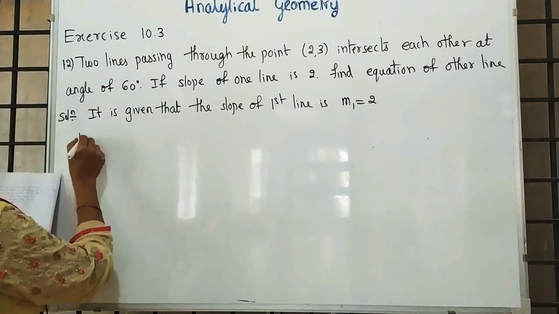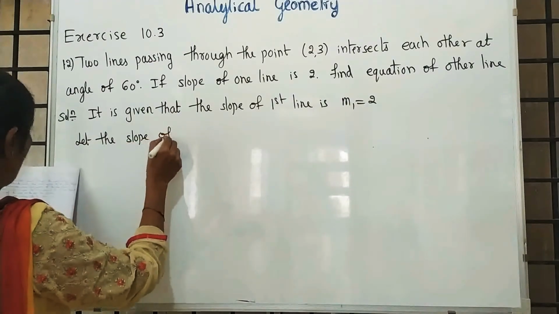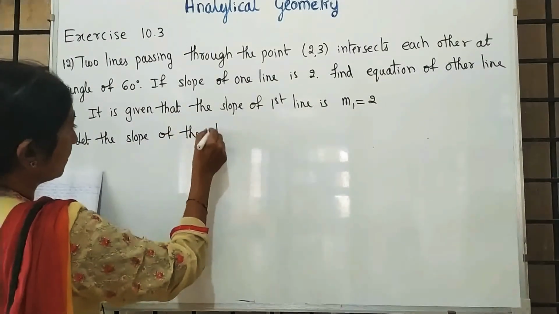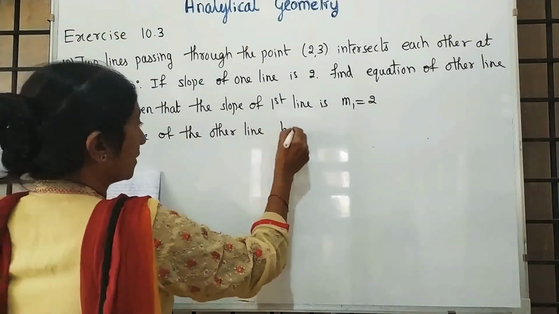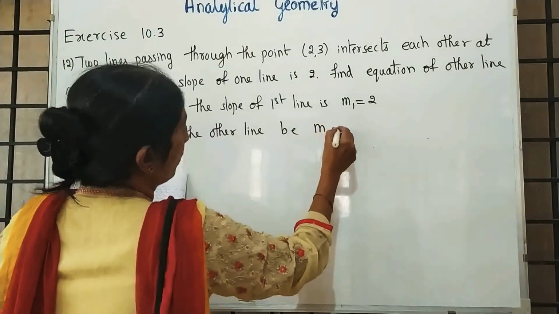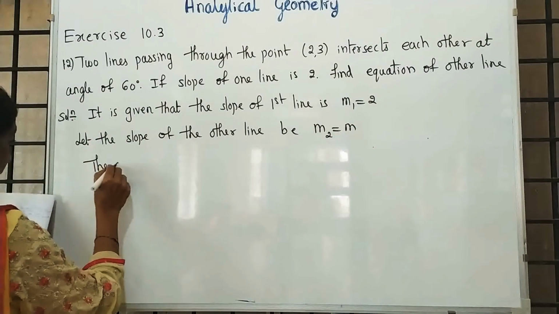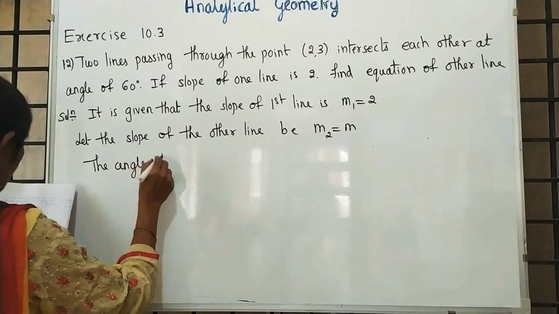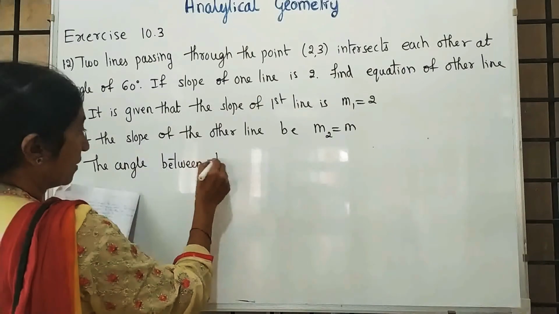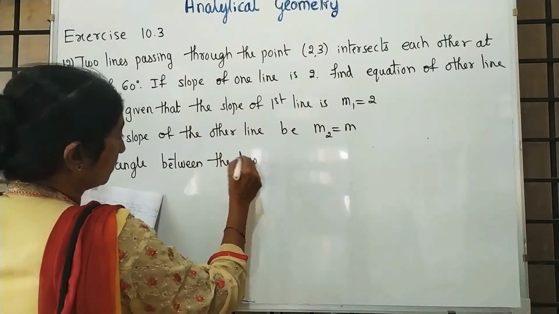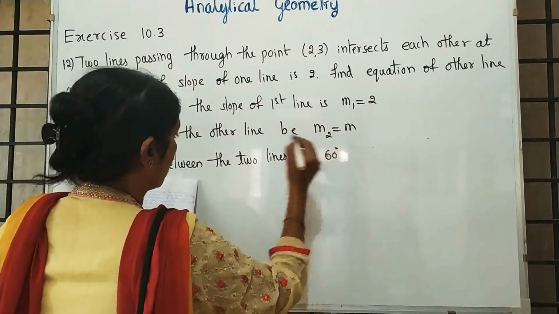Let the slope of the other line, that is the second line, be m2. For convenience I am taking it as m. Next, the angle between the two lines is 60 degrees.